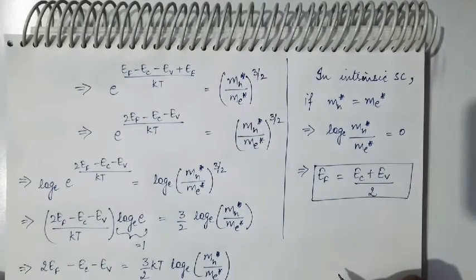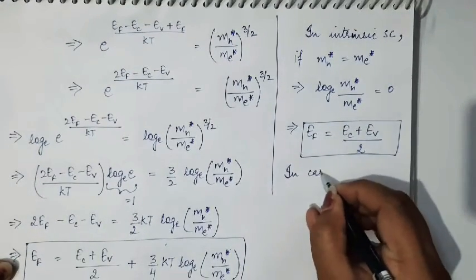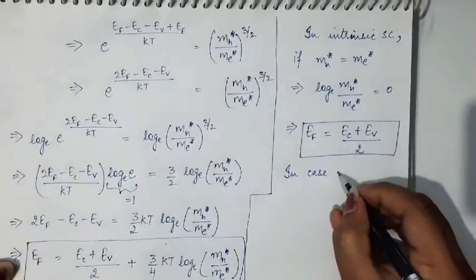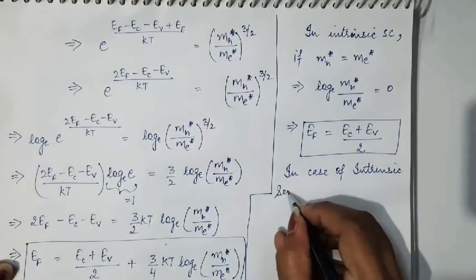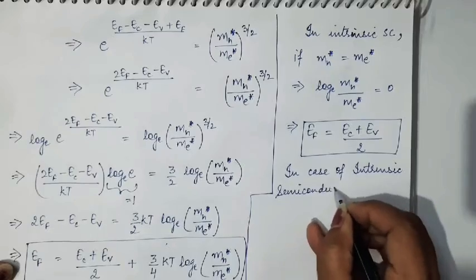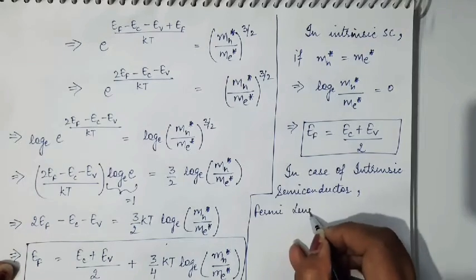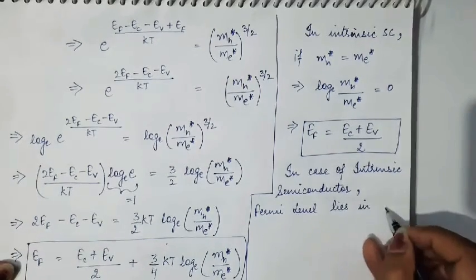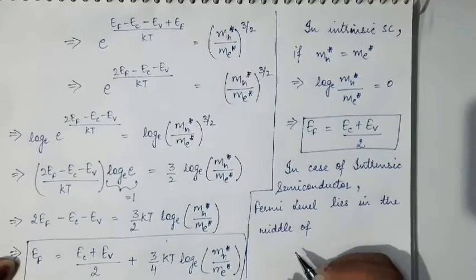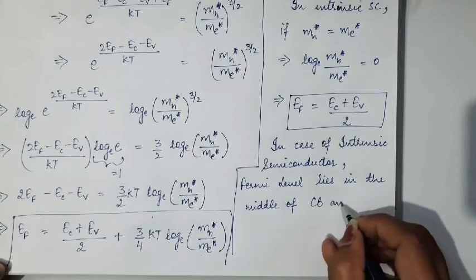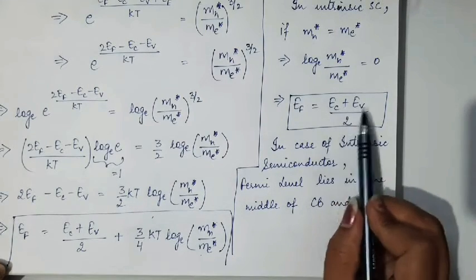So from this we can conclude that in the case of an intrinsic semiconductor, the Fermi level lies in the middle of the conduction band and the valence band, because it is the mean or the average of EC and EV.